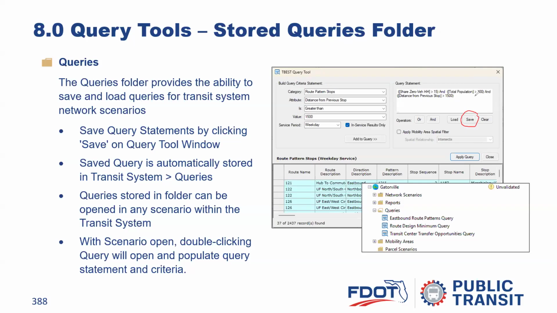So if you save a query and then you reapply it over multiple scenarios, then you will get different results per scenario. So it's a way of evaluating your different scenario and network makeups as well. So when you save it, it's stored under the queries folder.